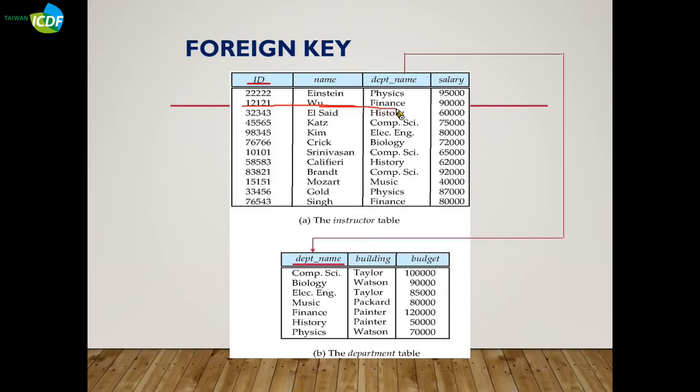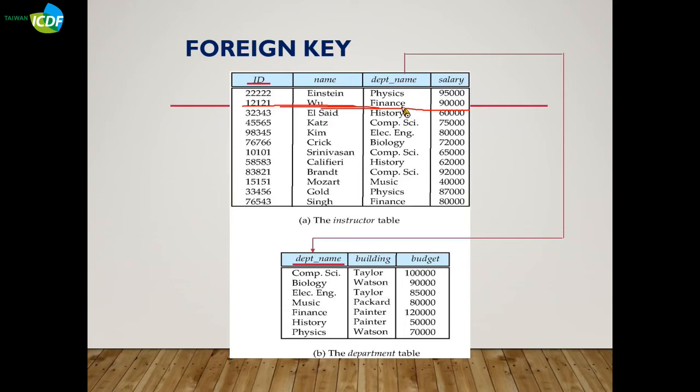He works in the Finance department with a 90,000 salary. If we just examine this table, the information we can get is limited to the department name, Finance.